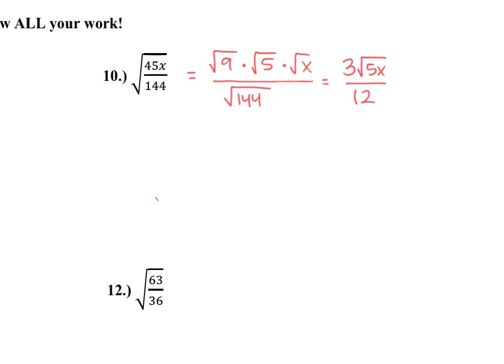Because remember, if there are things on the outside of the radical sign, like this 3 and 12, we can simplify those if they're able to be simplified, and 3 and 12 are, because 3 goes into 12 4 times. So this should really be 1 times the square root of 5x over 4, or you could even get rid of that 1 and just say the square root of 5x over 4.